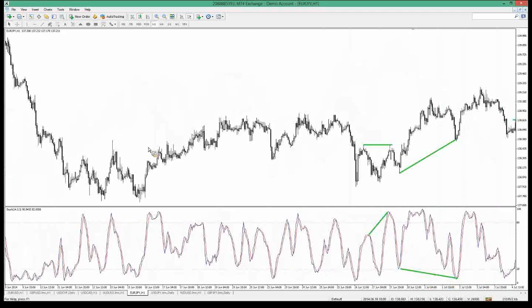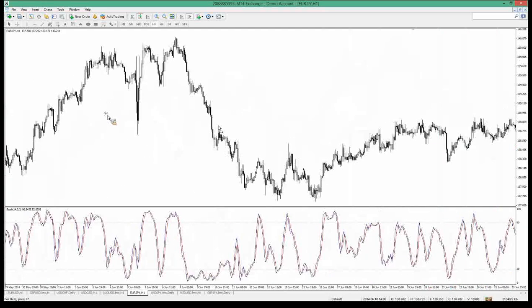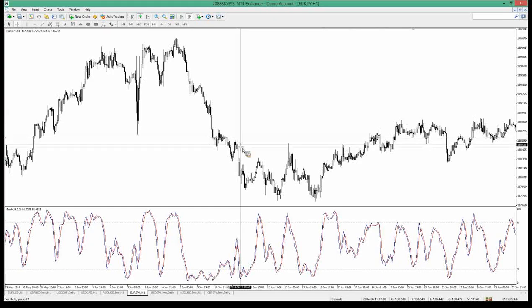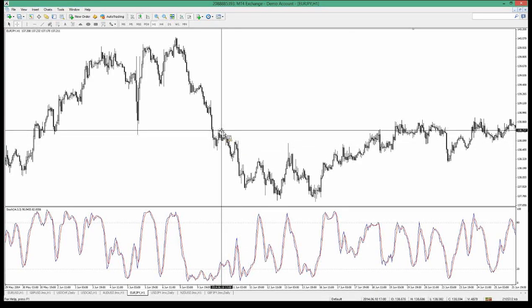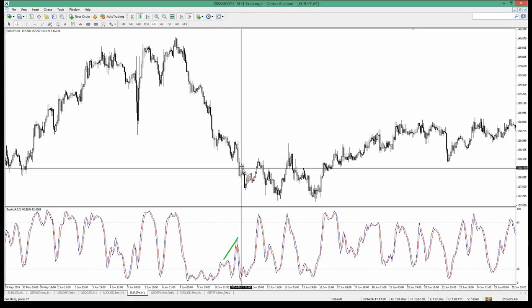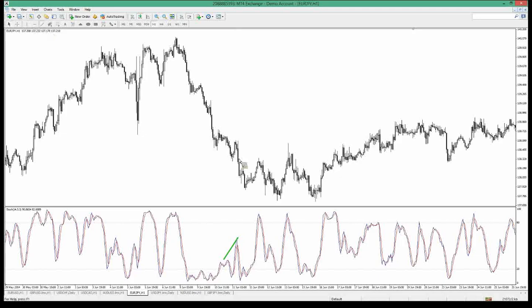Okay, as I said, if you can find it in a nice trending environment, that's where you're really going to score nicely. You see, like here, for example, we're obviously in a nice trending environment. Here to here, price drops, pull back, stochastic again higher, price lower.